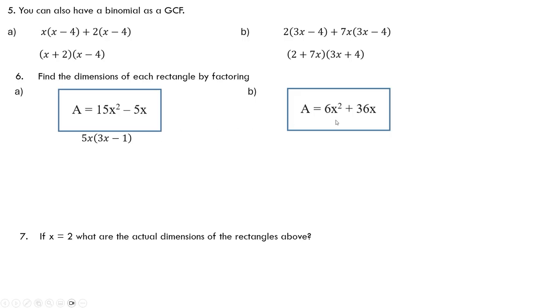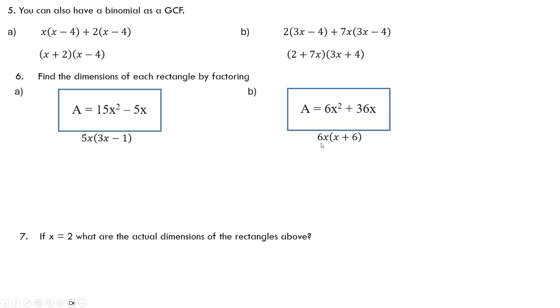Here, we're given another rectangle where the area is 6x squared plus 36x. Once again, by factoring it, we get something times something, length times width. When we factor this by the greatest common factor, which happens to be 6x, we get 6x times x plus 6.